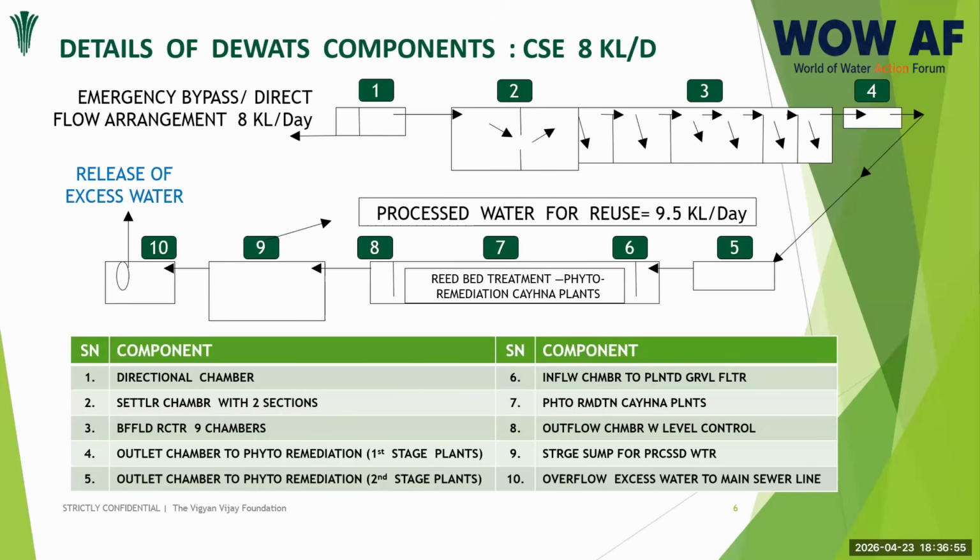And then the water comes to the phytoremediation, the plants and plant usage. In the first phase the plants grow in their own normal beds. Next, where the water is becoming more and more clean and pure, the plants are kept in floating beds. Floating beds can be taken out.